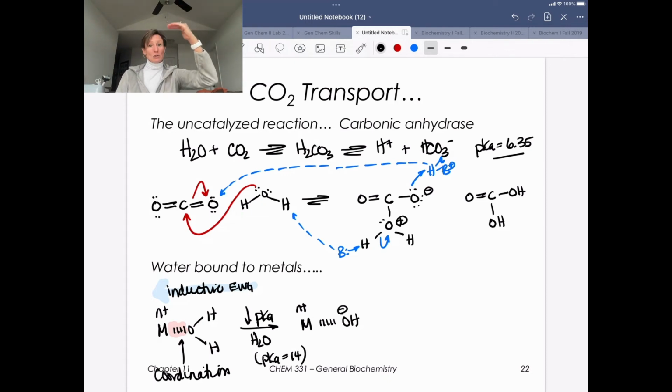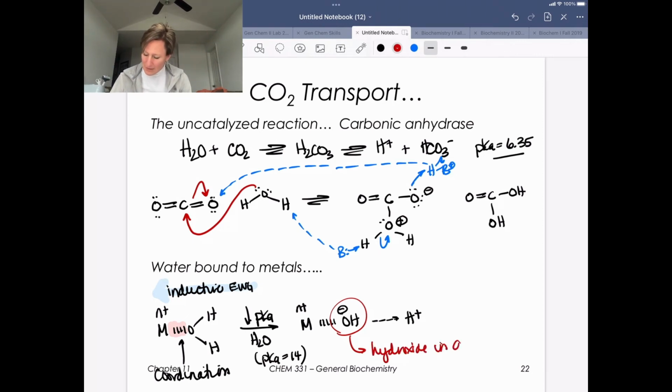So when we decrease that, we're actually going to make water more acidic, and we're going to have that proton then just gone somewhere in solution. And so the net effect is that we've got this water that's now a hydroxide that's bound in the enzyme active site. So we're going to have hydroxide in the active site.